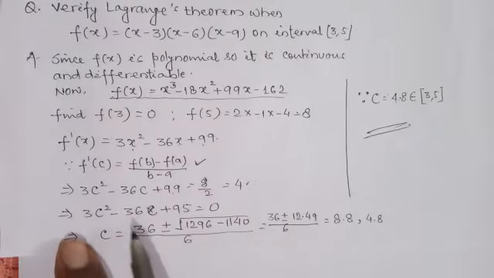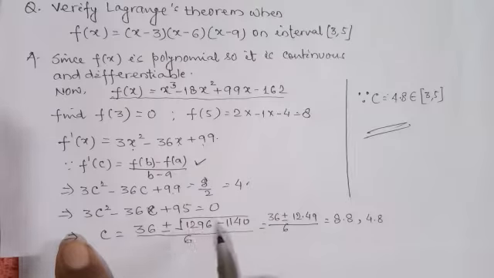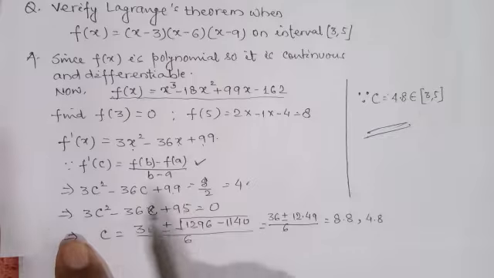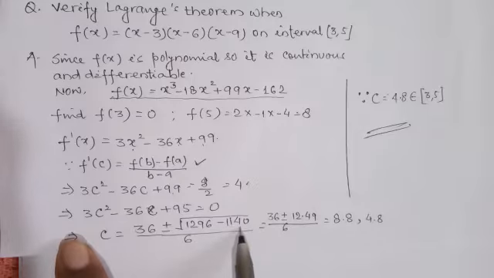So calculate c by the quadratic formula. c is equal to minus b, meaning plus 36, plus or minus the square root of b square, that is 36 square, which is 1296, minus 4ac, which becomes 1140.